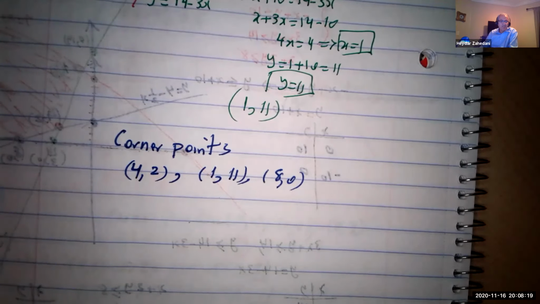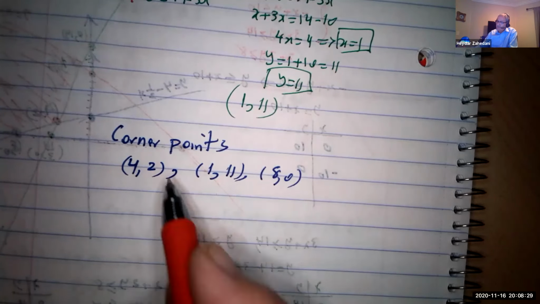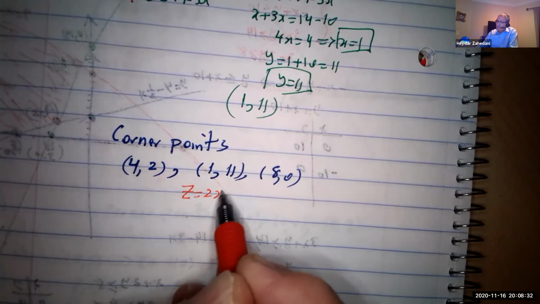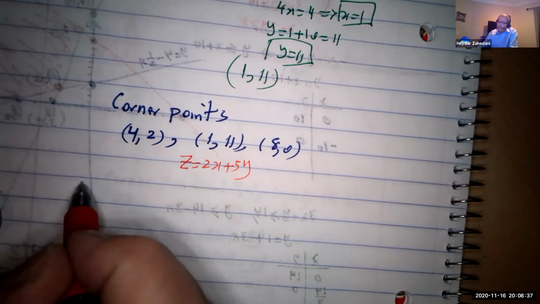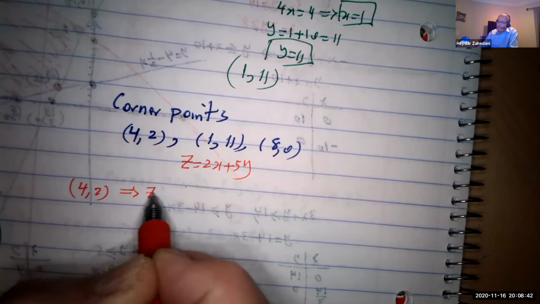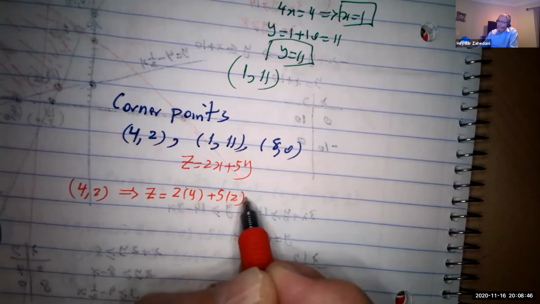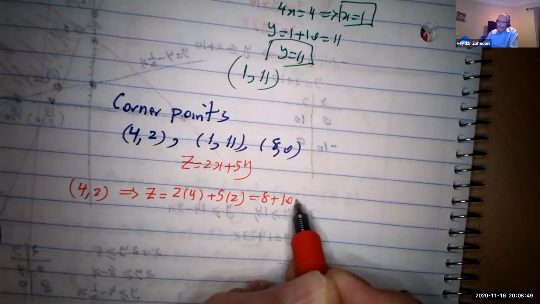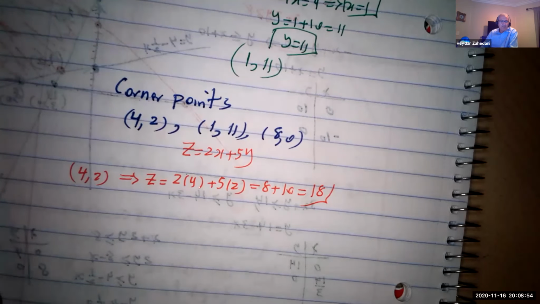The function was z equal to 2x plus 5y. You get the number for each one of them. At 4 and 2, the z number is 2 times 4 plus 5 times 2, 8 and 10, 18. It's going to be 18 at one point.